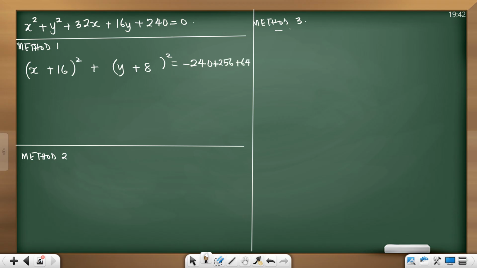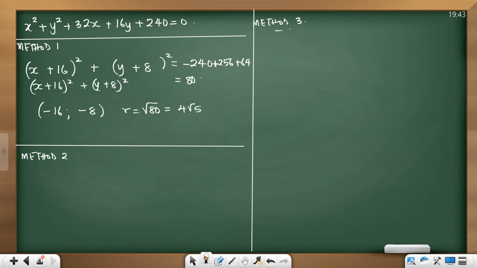What would that give us? 80. Okay, so (x plus 16) squared plus (y plus 8) squared. What's the center? Negative 16, negative 8, and what is r? Root of 80, which is 4 root 5. We're done with the first one.